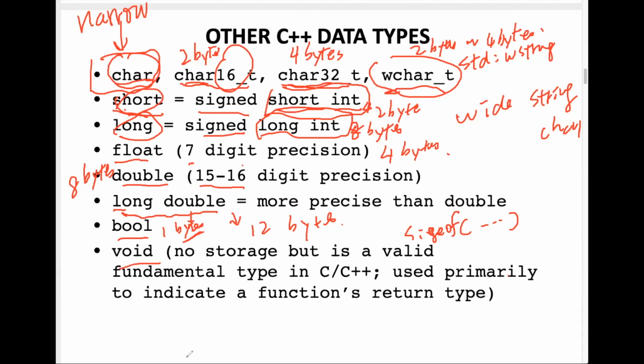Void is also a data type. Void is valueless. You don't store any values to it. So you can have something representing null as a return to the previous callers, right? This is through a function return type.